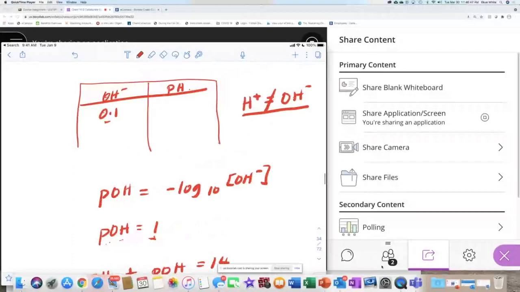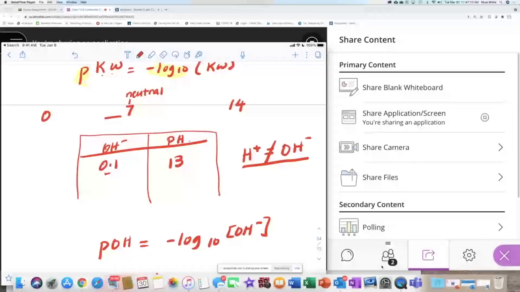So this is a basic pH. The pH scale goes from 0 to 14. A pH of 7 is neutral, which means it's neither acidic nor basic. Below 7 is going to be the acidic region, and from above 7 to 14 is the basic region.